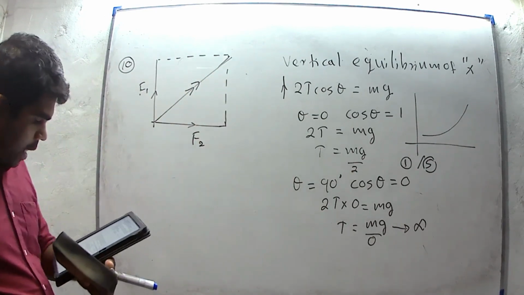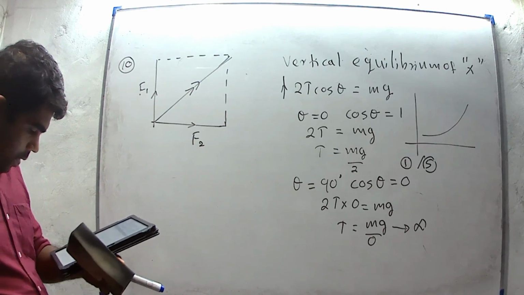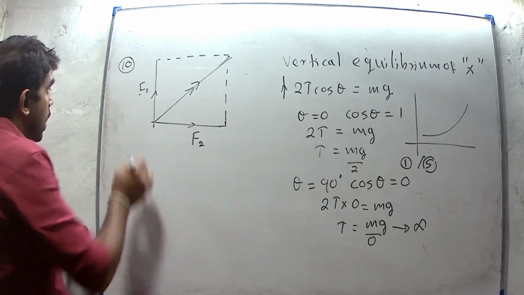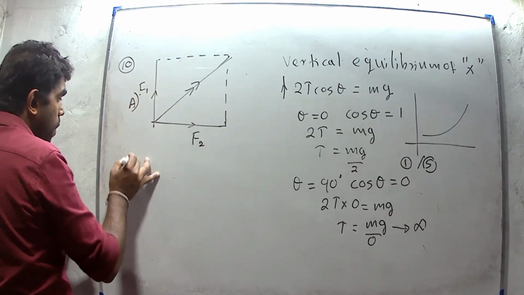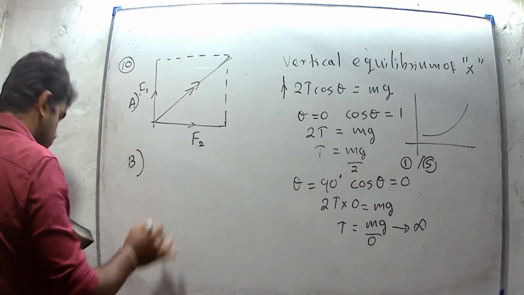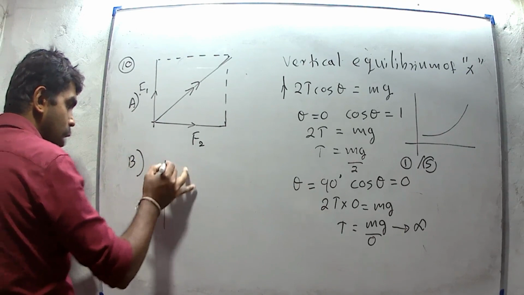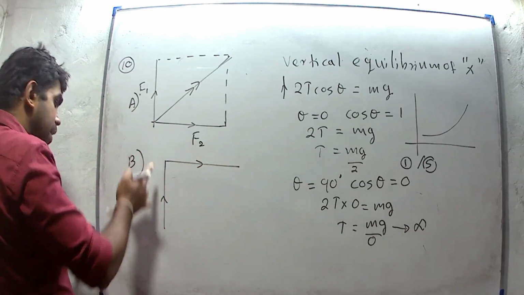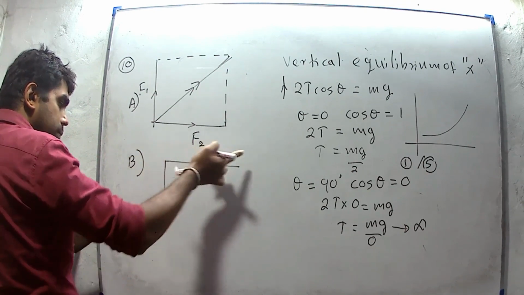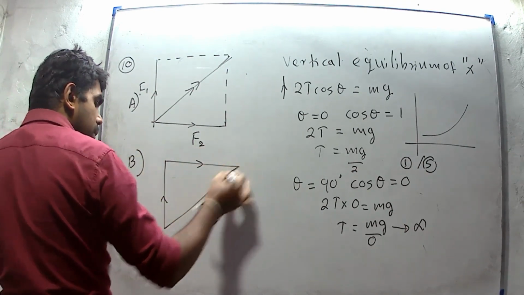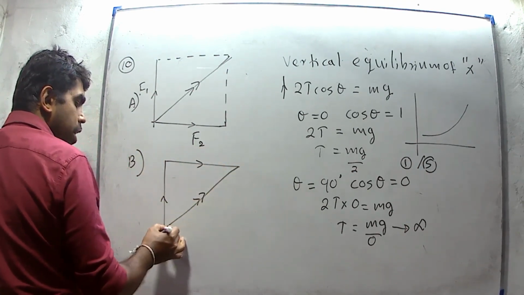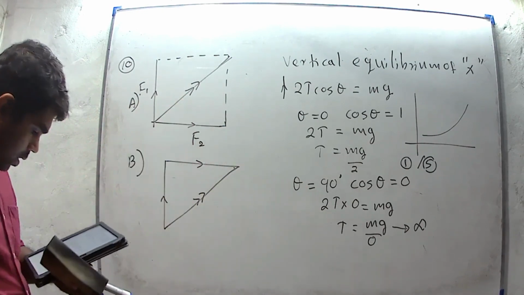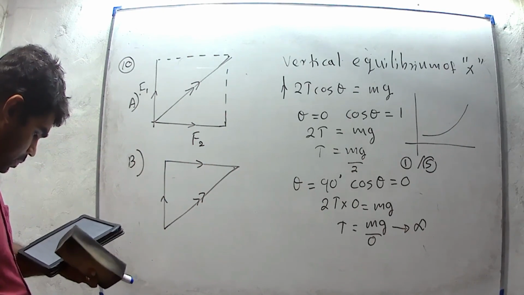It is in the direction of F, therefore it is correct. Then from answer B, there are two forces like this, acting in the same direction. Therefore, the resultant should be the line joining the starting point and end point. It is also like this. Therefore, it is also correct.